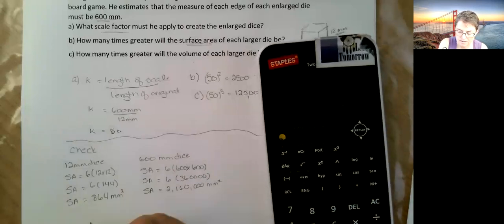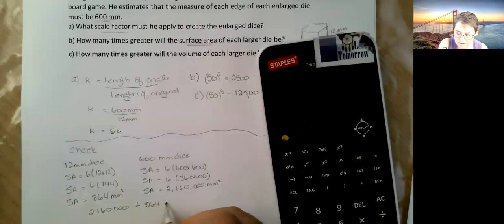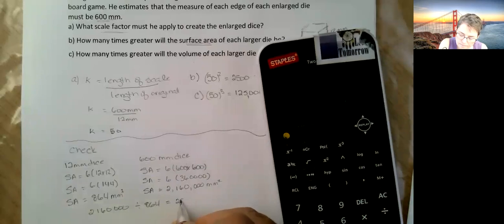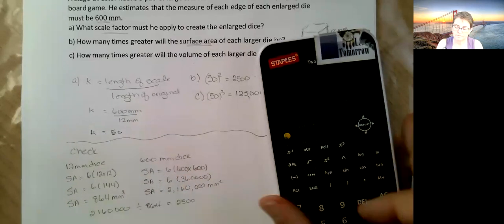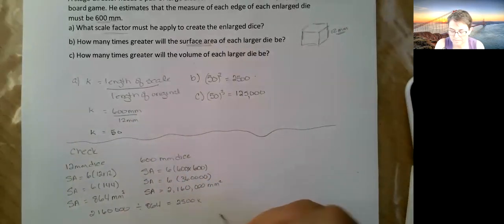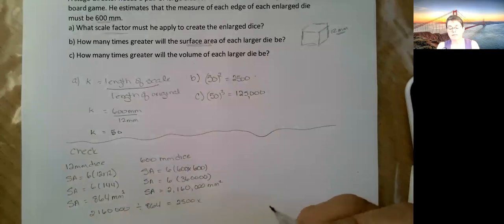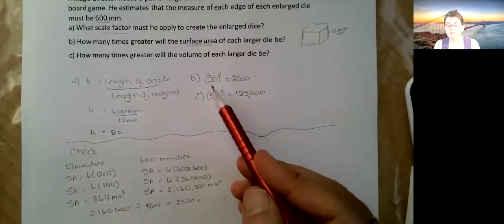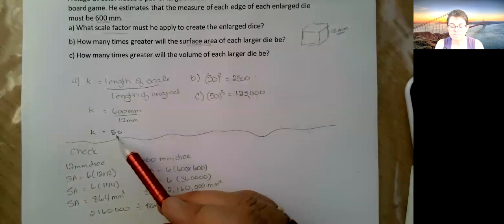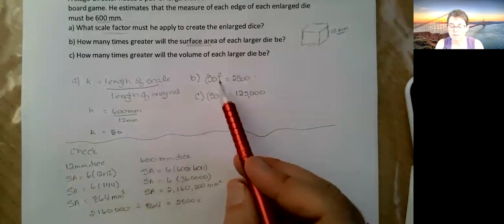And well, let's just do that. 2,160,000 divided by 864 is 2,500, which is what we expected, right? We predicted it. It should be the scale factor squared.